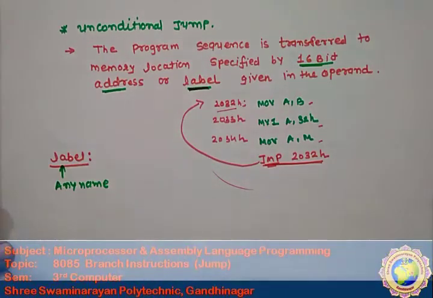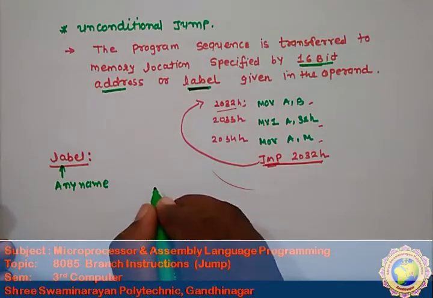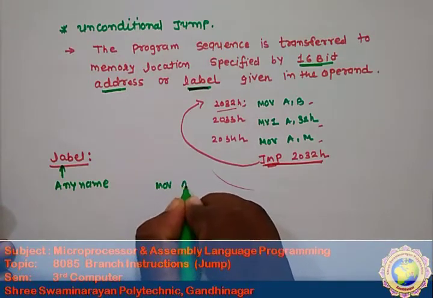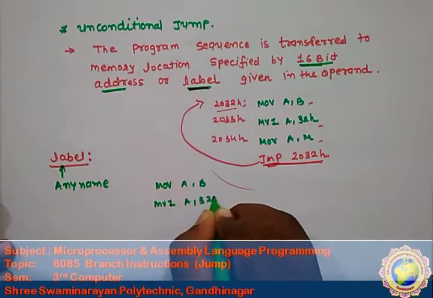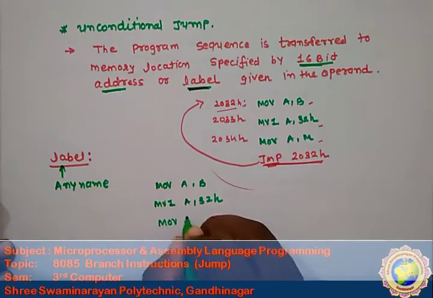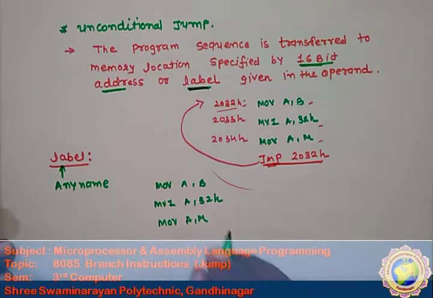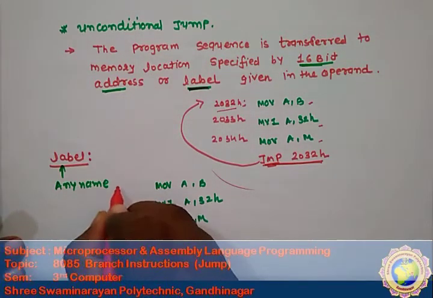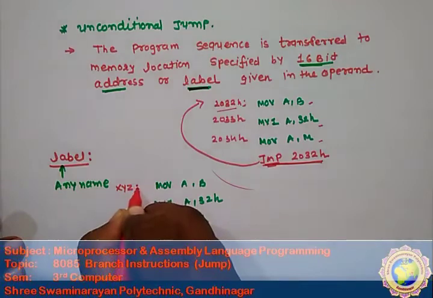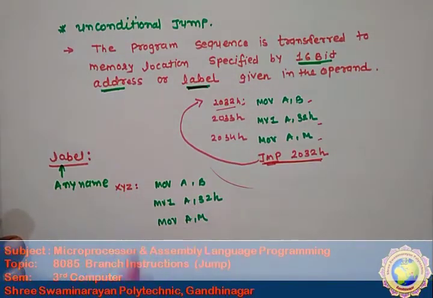Suppose, see the next program: MOV A,B; MVI A,32H; MOV A,M; and suppose I have a label here, XYZ. Then this is the label.